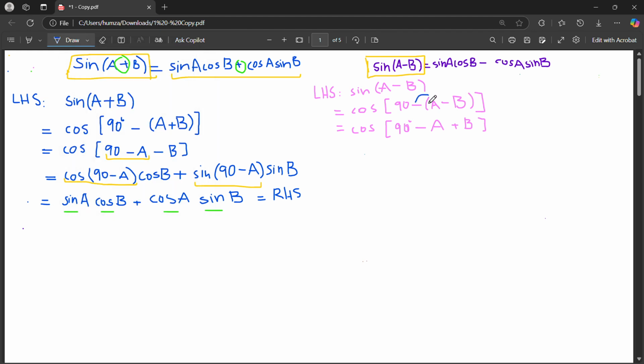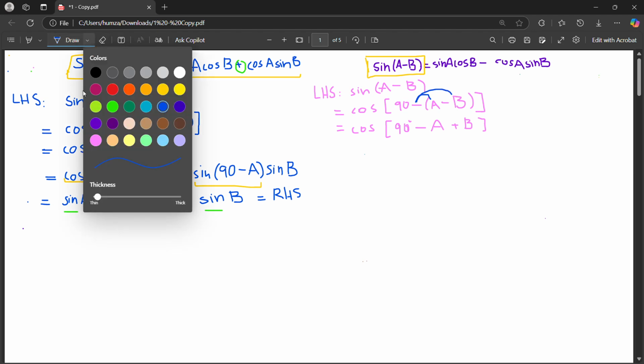So this negative we multiply with this A, and then we multiply this negative with minus B.